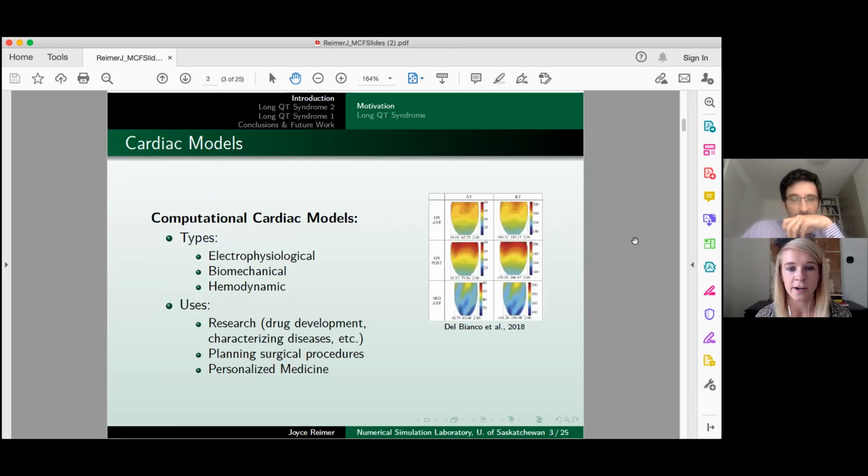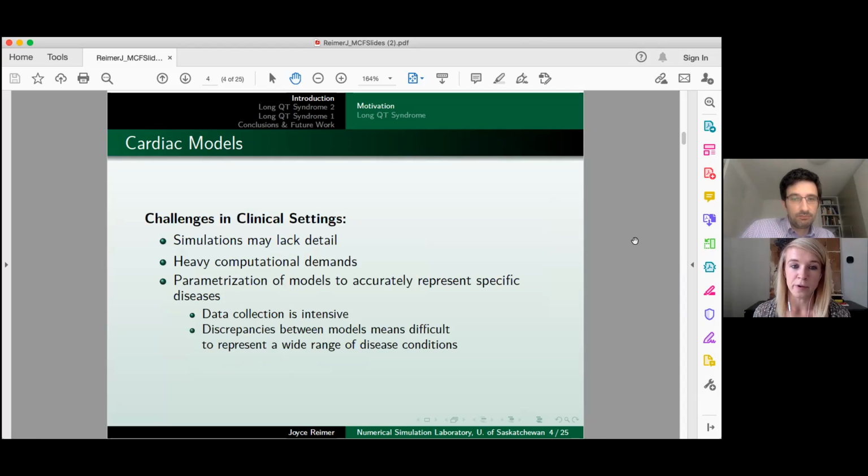There are several uses of cardiac models, including research applications, planning surgical procedures, as well as trying to get them to be used in personalized medicine approaches. However, they're primarily still used in research settings, because there are some challenges associated with bringing them into the clinic. The simulations may lack detail.